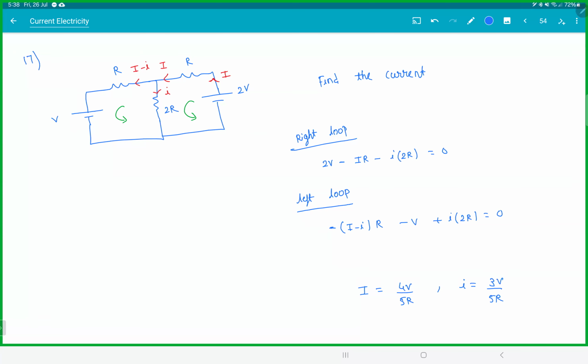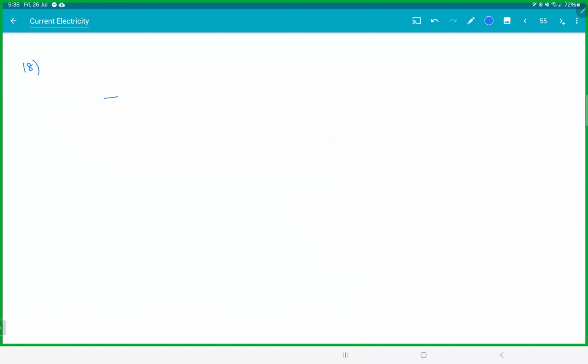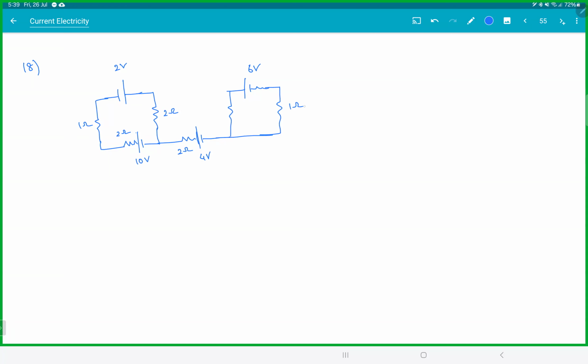Let's see one more. 2 volt, 10 volt, 2 ohms, 1 ohm, 2 ohm, 6 volt, 4 volts, 2 ohm, 1 ohm, and 2 ohm.